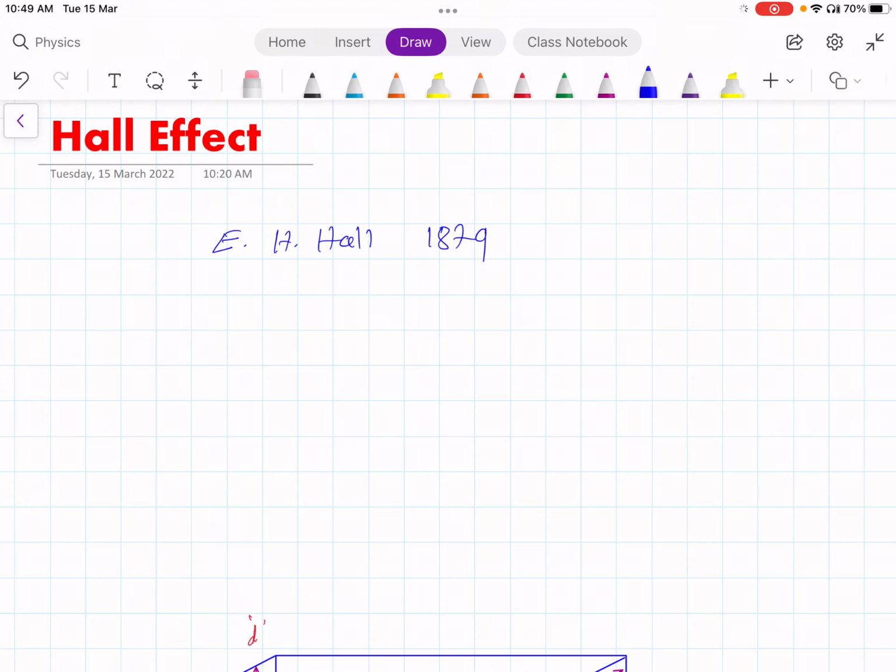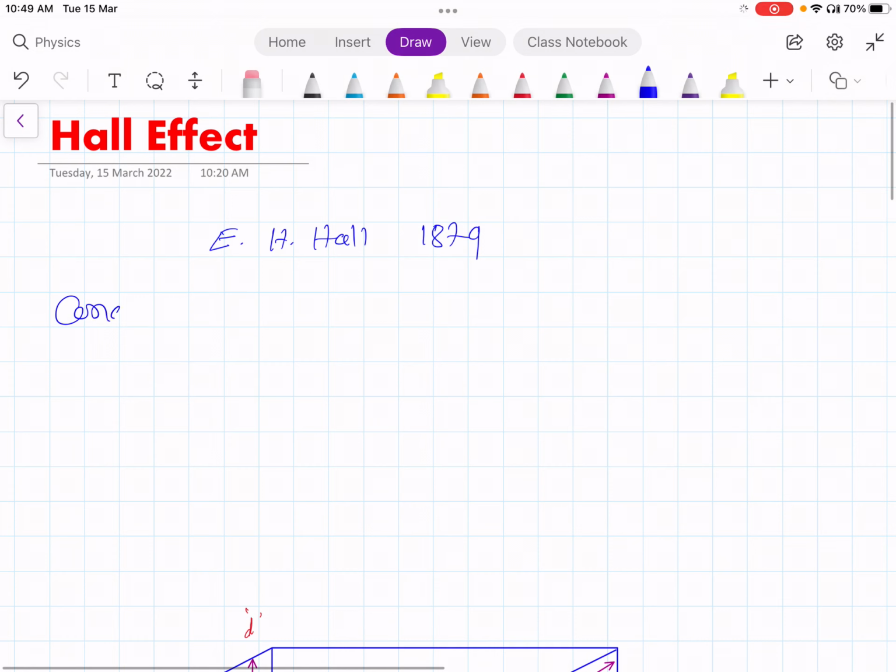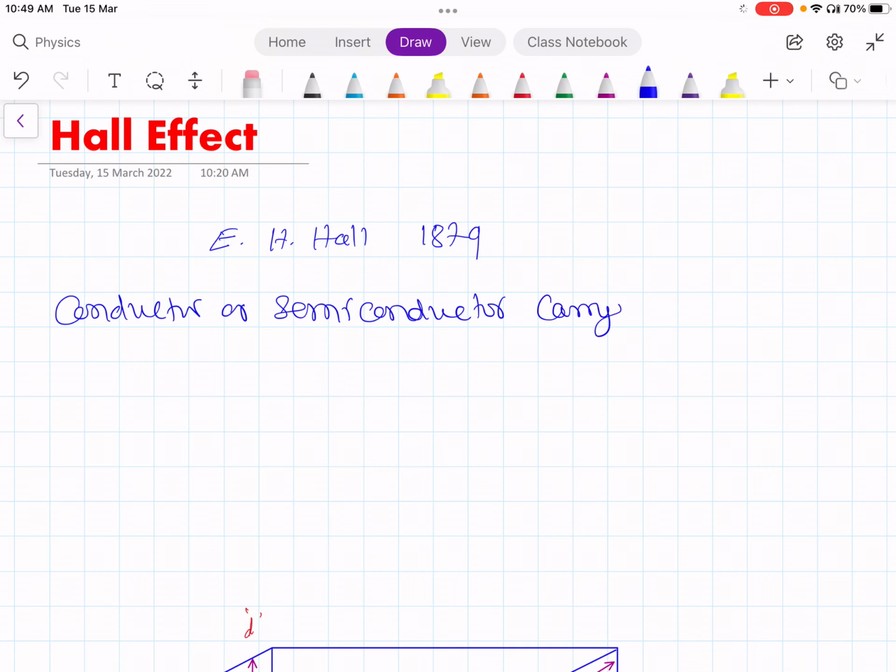According to this effect, a conductor or semiconductor carrying a current I is placed in a transverse magnetic field.